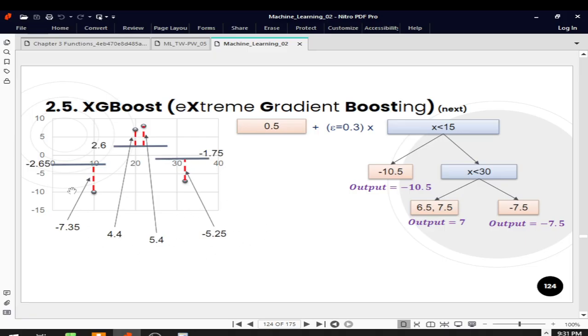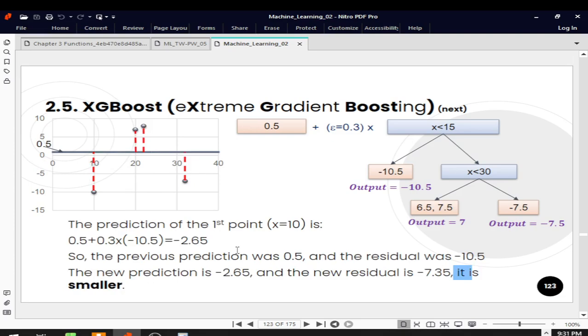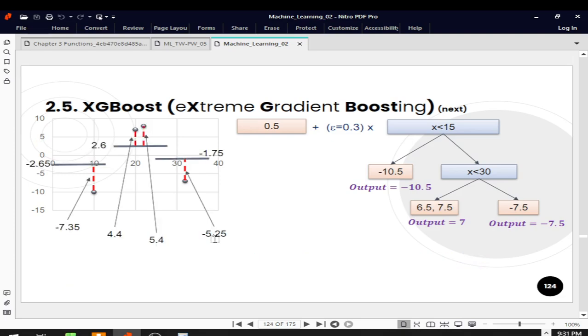Doing the same for the other data, we will find the new residuals based on the prediction. So we calculate the predictions. As you can see, the first prediction, the second, where is the third, it's not here, and this is the fourth. Then we measured the new residuals.